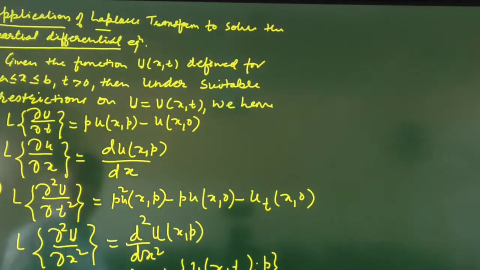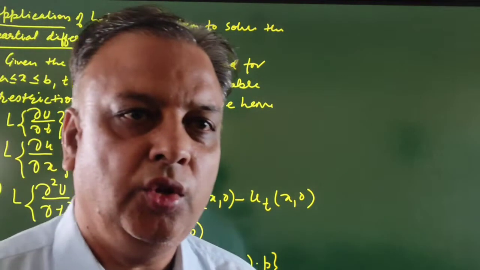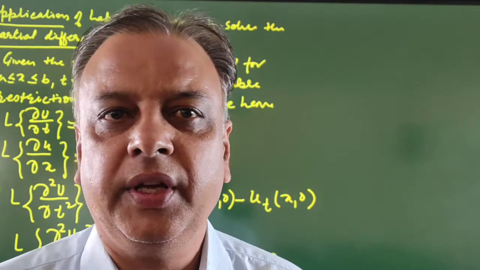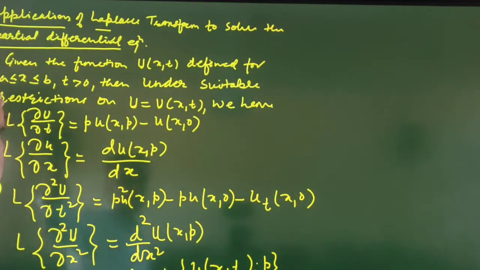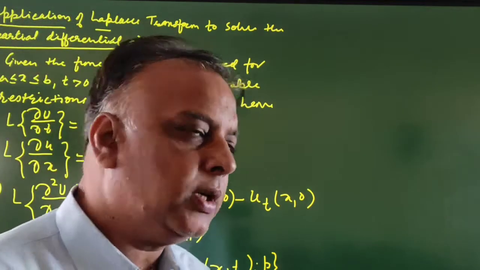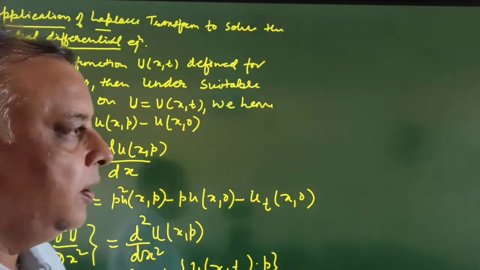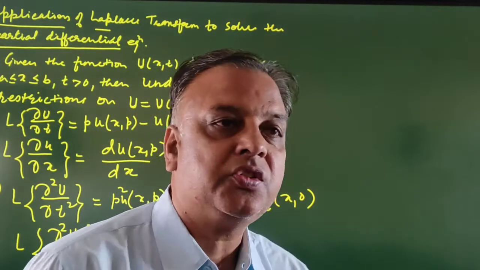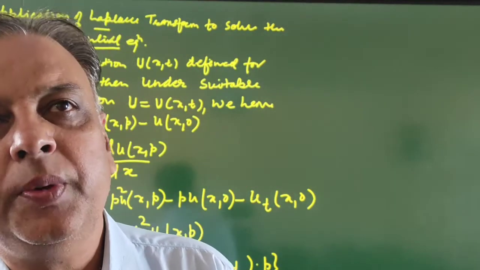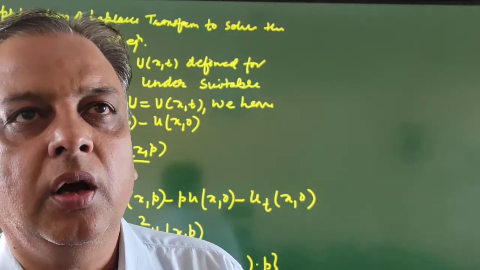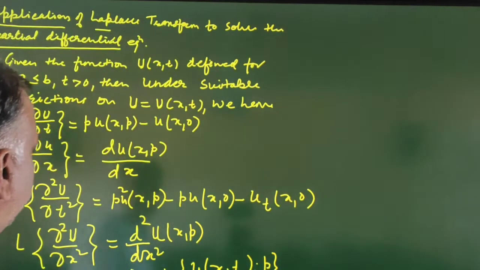We have proved that for a function u, which is a function of x and t, the Laplace transformation of the first derivative of u with respect to t is given by p ū(x,p) minus u(x,0), where ū(x,p) is the Laplace transformation of the function u.